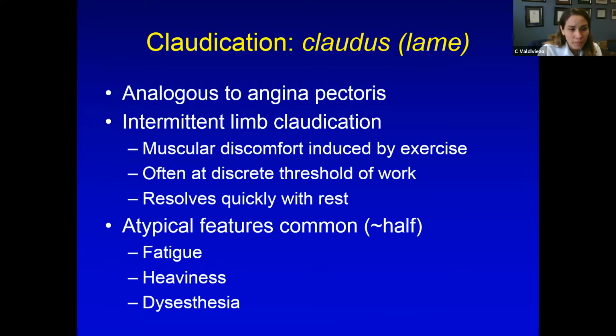It resolves quickly with rest. And then there are also several atypical features that are quite common and may be present in up to about half of the patients that have claudication. It could be just something as vague as experiencing fatigue in their legs, calf, thighs, or even glutes, as well as heaviness or dysesthesias.